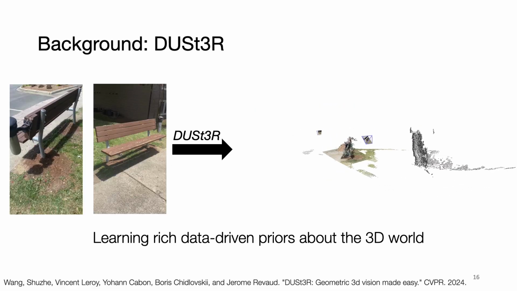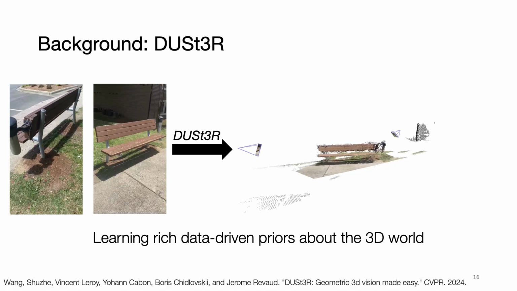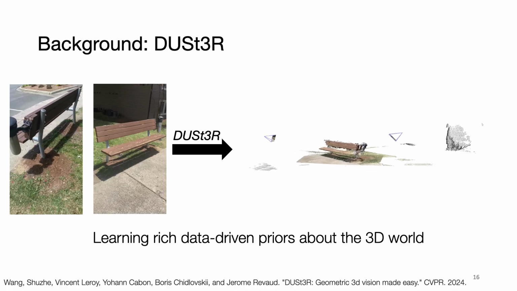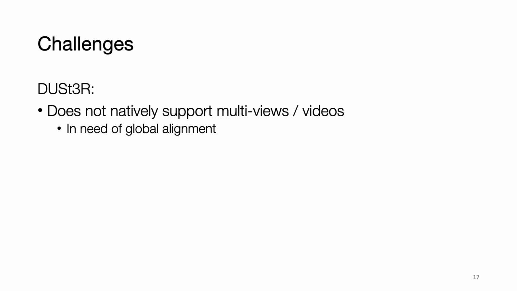So this is really exciting progress, but we're not done yet. There are still a few challenges. The first challenge is that Duster is a pairwise paradigm, so it doesn't really natively support multi-views or videos. If you have more than 2 views, you have to use an additional procedure, global alignment, to align them into a shared coordinate space.